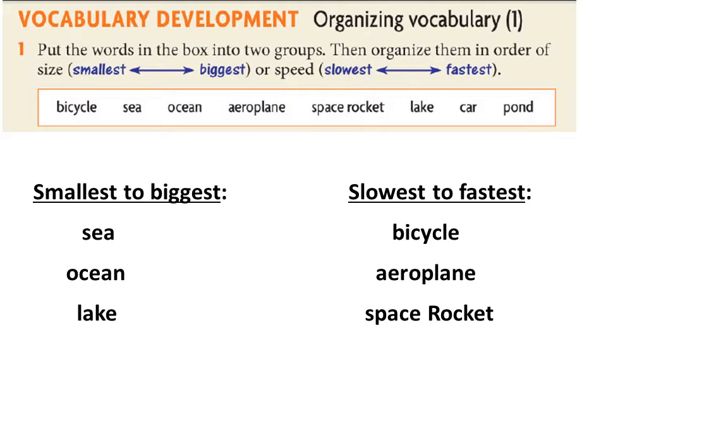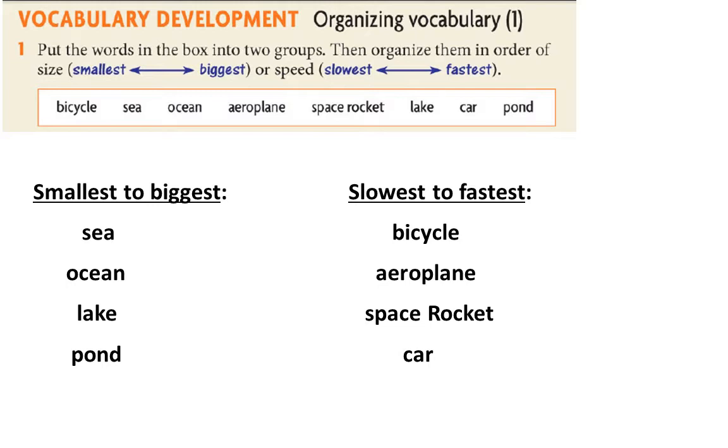Car is a method of transportation and has speed. Pond is in the first group. So now we achieved the first request. We classified, divided, categorized, or grouped these 8 words into two groups.